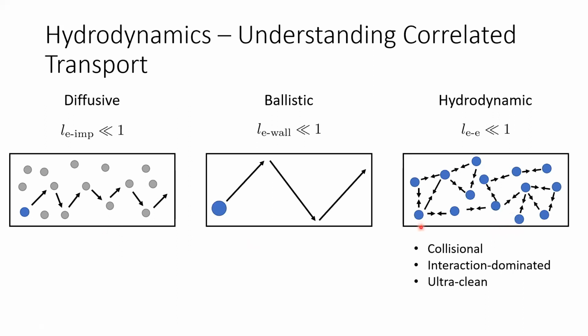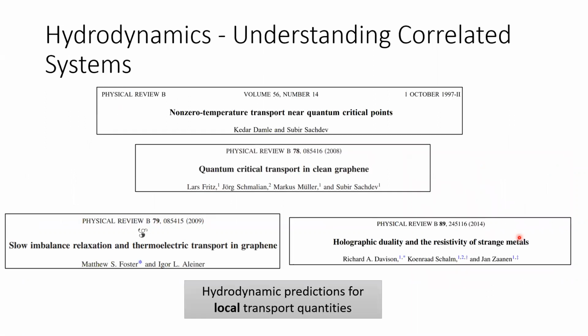The particles are colliding with one another a lot, and so interactions are very strong. You typically need ultra clean samples to realize such a regime. Of course, this hydrodynamic regime is the regime that we're going to be interested in talking about today. Electron hydrodynamics has been around for a long time, being used as a framework to study strongly correlated systems.